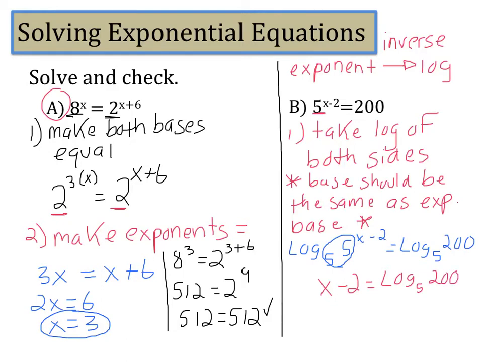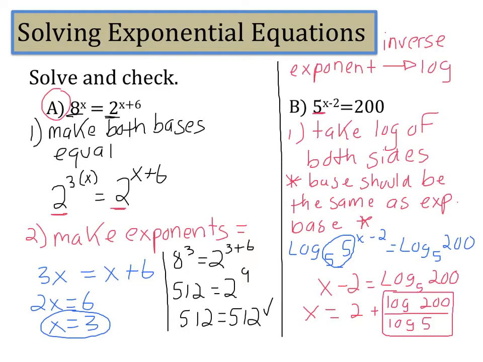So now what we need to do is the change of base. We're going to isolate x, so we're going to say x equals 2 plus log of 200 over log of 5. Now this last step that I did here is called the change of base formula.